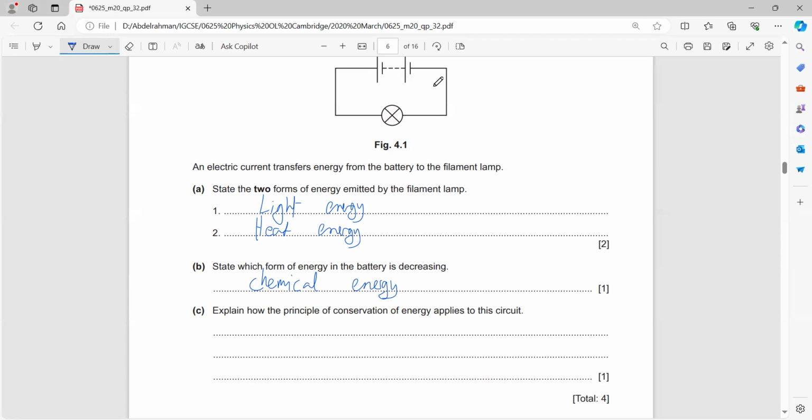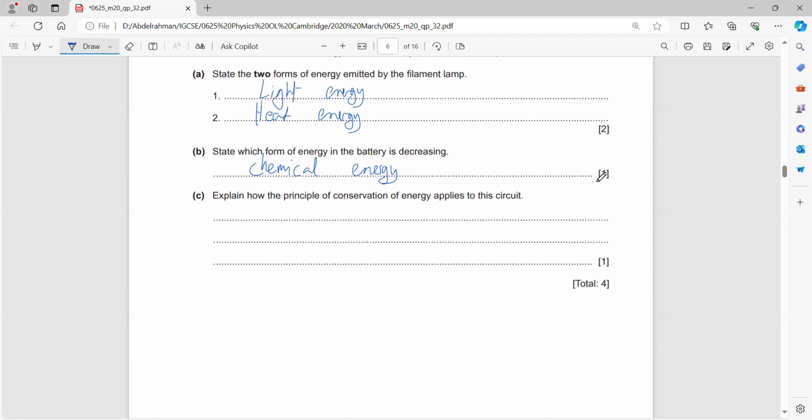Explain how the principle of conservation of energy applies to this circuit. Energy is neither created nor destroyed. How does this apply to this battery? The energy is not lost by the circuit except as heat or light. It's converted into something else. The chemical energy is converted to light and heat.